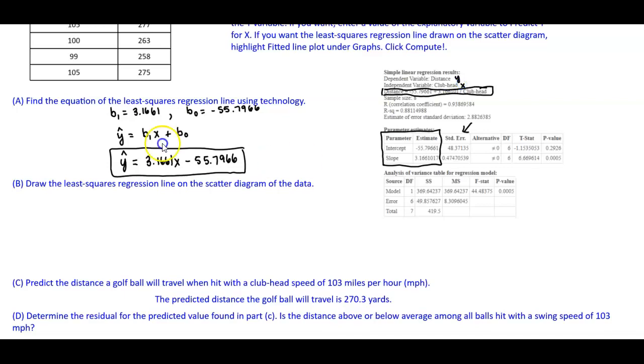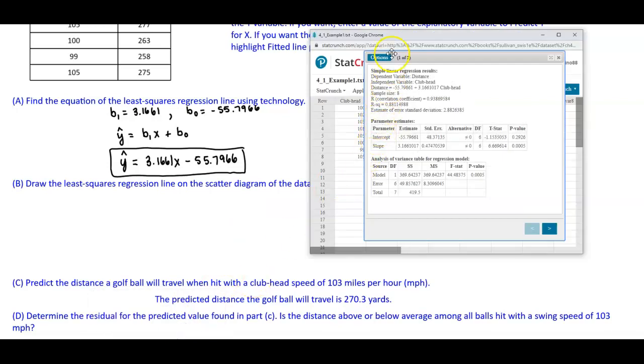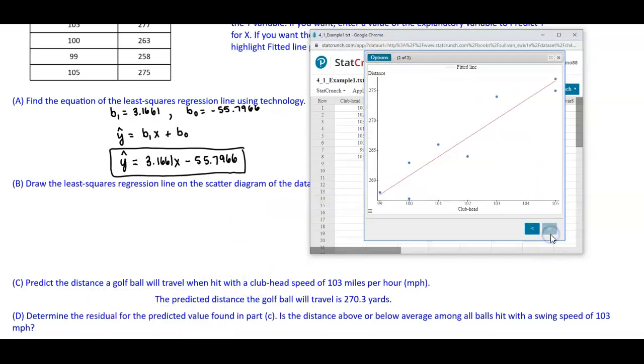All right, now we want to draw the least squares regression line on the scatter diagram of the data. So we're going to come back in here and select our options. There is our line and it's fitted. If you look here, there is our regression line.